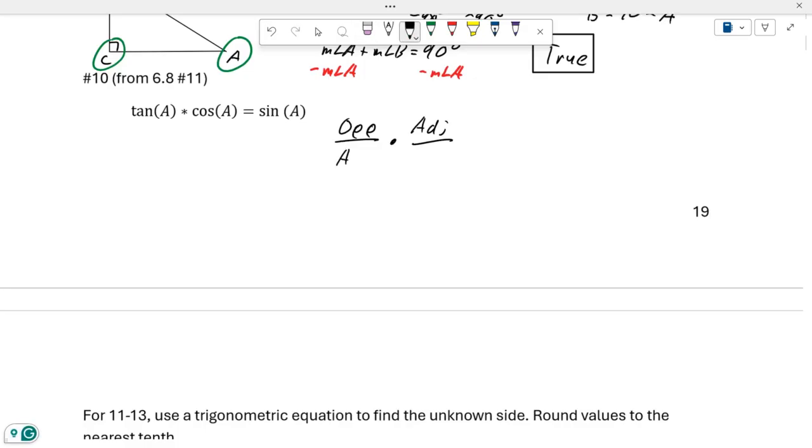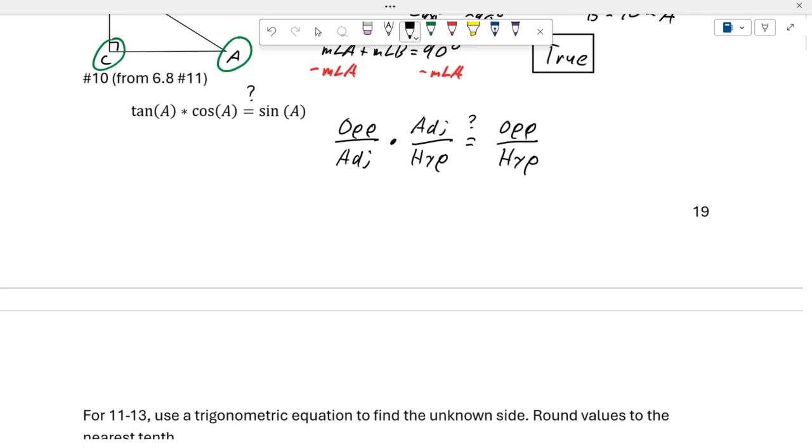My bad, opposite over adjacent. And then cosine is adjacent over hypotenuse, equals, and actually we're trying to figure out whether this is true or not, so put a little question mark over it. And then the definition for sine is opposite over hypotenuse.